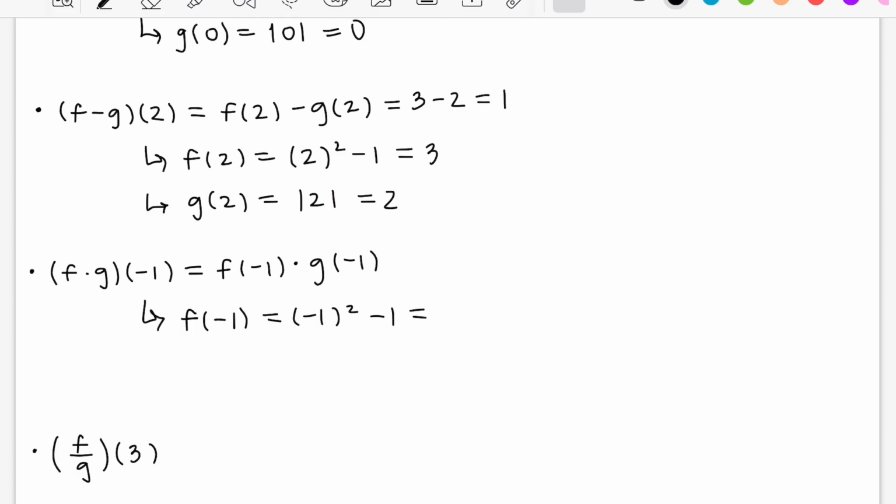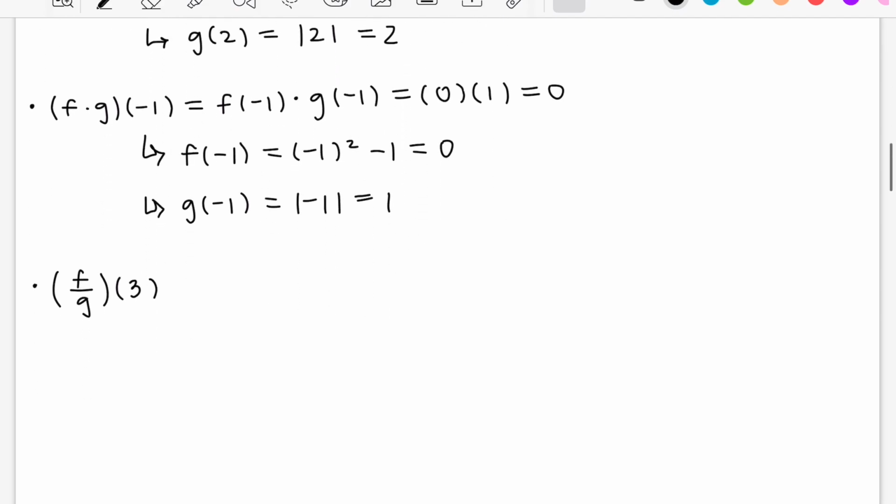Right, so we get negative 1 squared, which is 1, and then minus 1, so we get 0. Then for g of minus 1, since we have the absolute value function, this is going to be positive 1. All right, and then since we're multiplying these, we'll get 0 times 1. We end up with just 0.